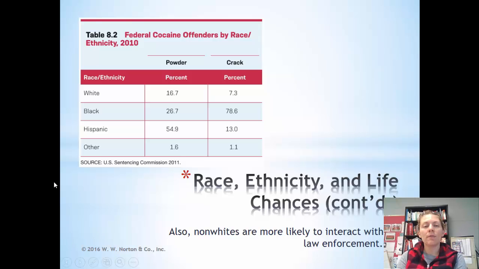So you can see our federal offenders for different drugs here. Whites 16%, 7%, Blacks 26%, 78%, Hispanics 54%, 13%. So you're much more likely to interact with law enforcement.